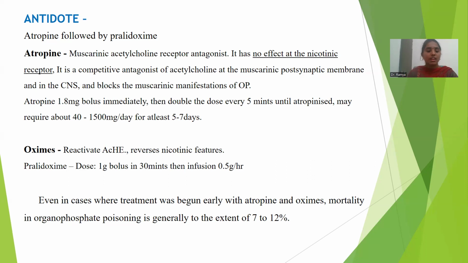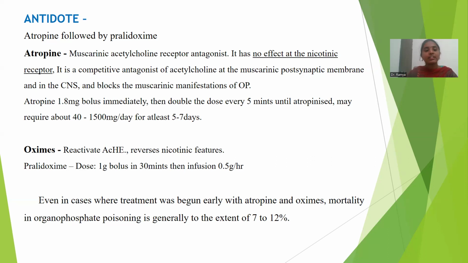Next, oximes. As I already said, oxime shows effects on nicotinic receptors, meaning it reverses nicotinic features. The pralidoxime dose is 1 gram bolus over 30 minutes, then infusion of 0.5 gram per hour.